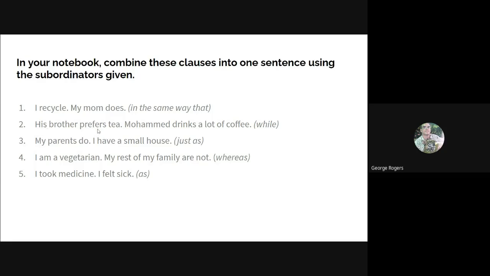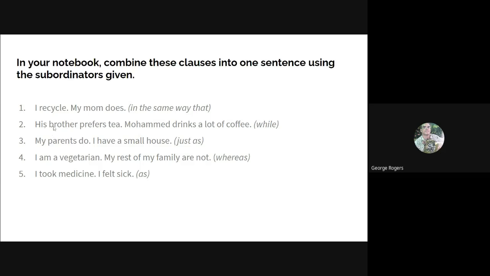His brother prefers tea. Muhammad drinks a lot of coffee. So they're comparing Muhammad and his brother. His brother prefers tea: if that's all you see, the question is, whose brother?